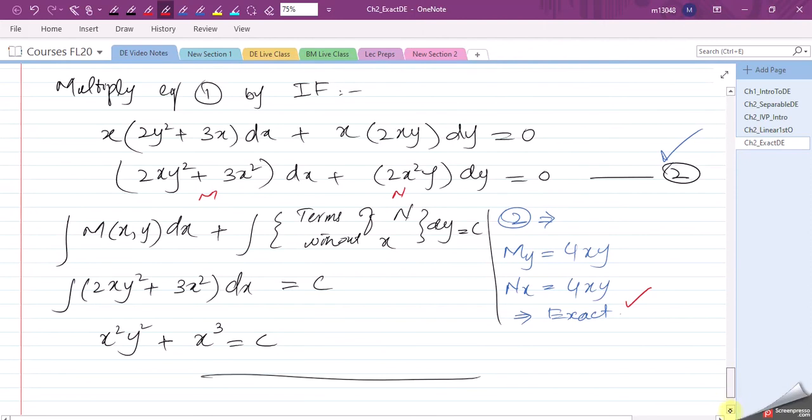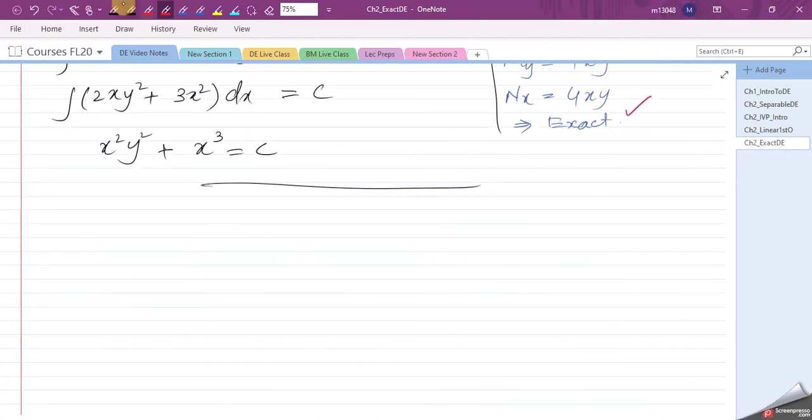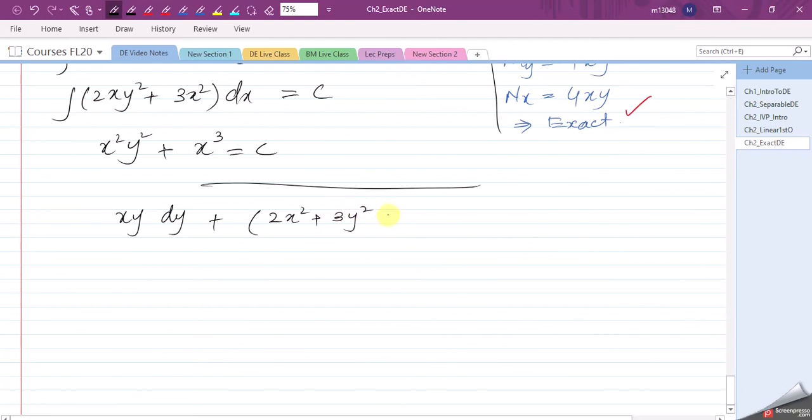Okay. Let's try our one last example. xy dx plus (2x² + 3y² − 20y) dy equals 0. M equals xy, N equals 2x² + 3y² − 20y.